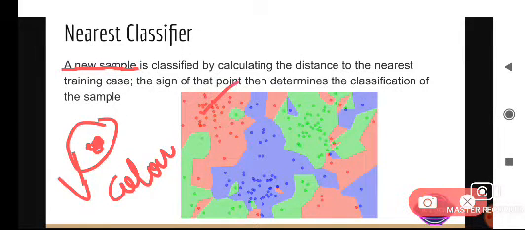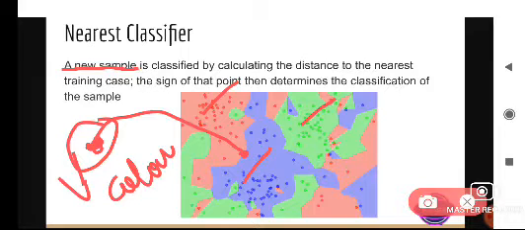So there are red cherries, blue cherries and green cherries. Suppose I placed it somewhere at this place, somewhere over here. I have to find the color of this cherry through this nearest classifier. There are so many classified states present over here, and through this I have to find out the color of this cherry.